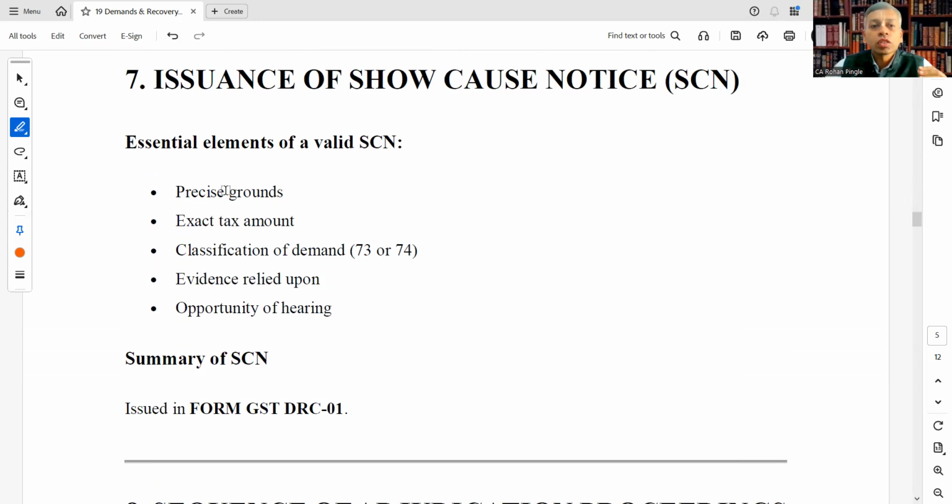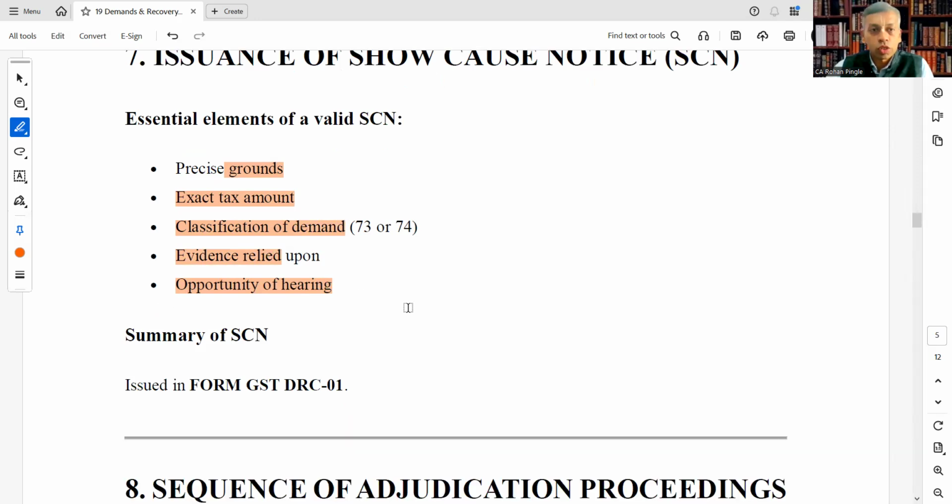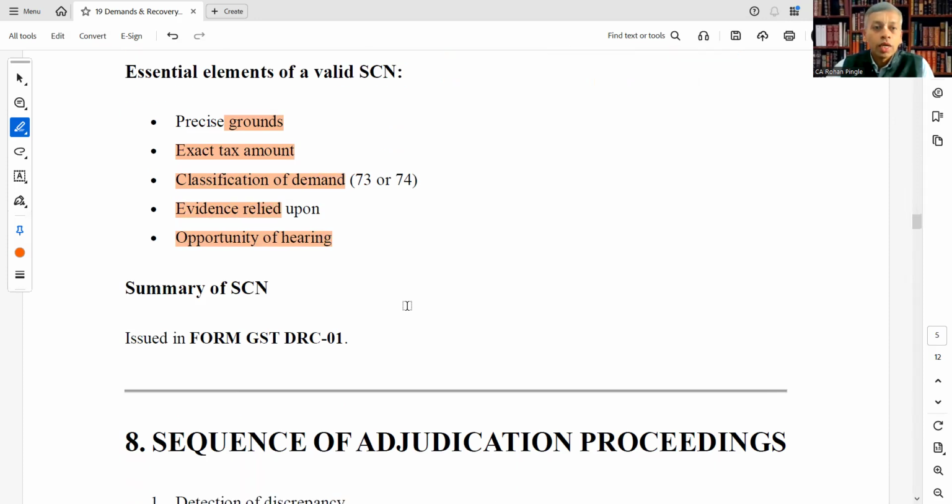Precise grounds, exact tax amount, classification of demand, that is whether it falls into 73 or 74, evidence relied upon, and opportunity of hearing. That is also a must. Opportunity of hearing must be given before issuance of show cause notice. So these are the essential elements of a valid show cause notice.